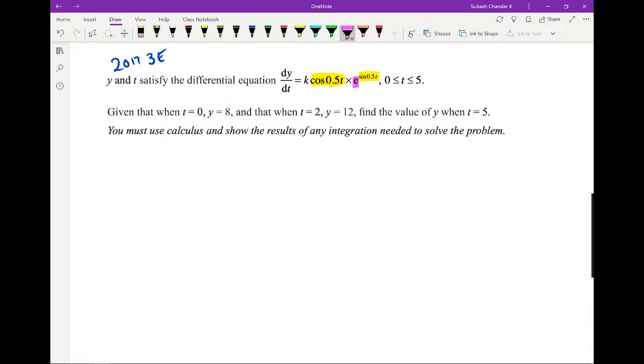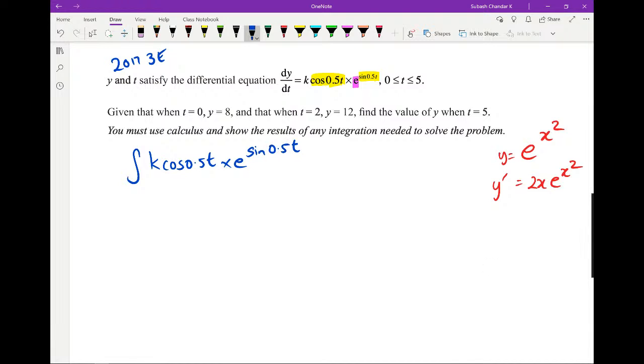Also, this is an exponential function, because remember, if we have e to the x squared and we differentiate it, we get 2x e to the power of x squared. That's literally what's happening here. So the first thing I'm going to do is integrate k cos 0.5t multiplied by e to the sine 0.5t.